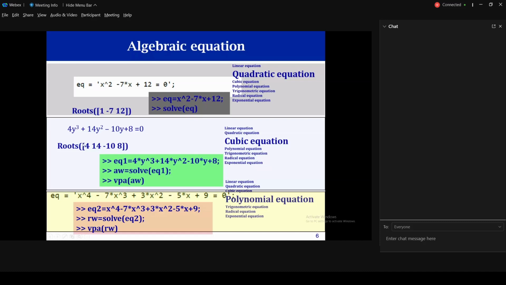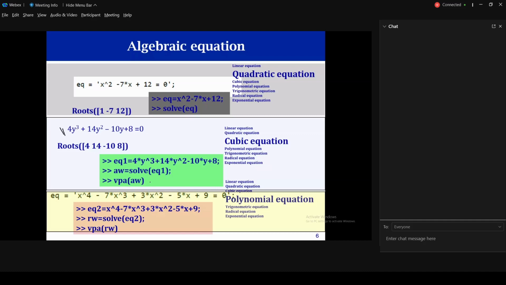You can use roots for maybe cubic equations or any exponent of y. So cubic equations, polynomial equations, you can solve.